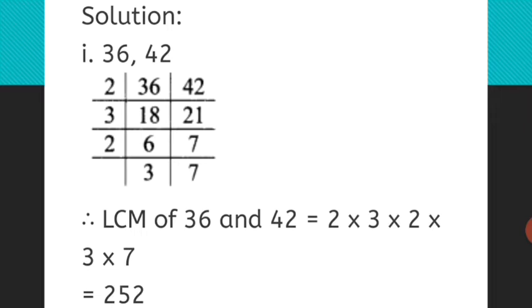And the leftovers are 3 and 7. Here we don't have to find HCF. So we directly find LCM of 36 and 42 is equal to the left side 2 into 3 into 2 into the bottom row 3 into 7, which gives us 252. So finding LCM, you have already learned in the previous practice set. You have to follow the same steps.